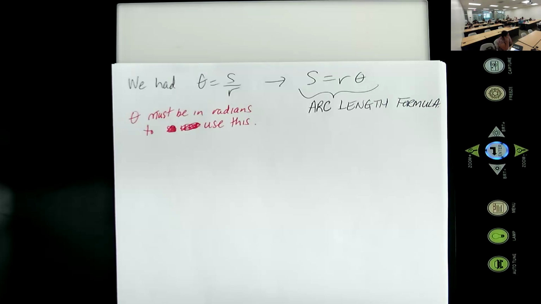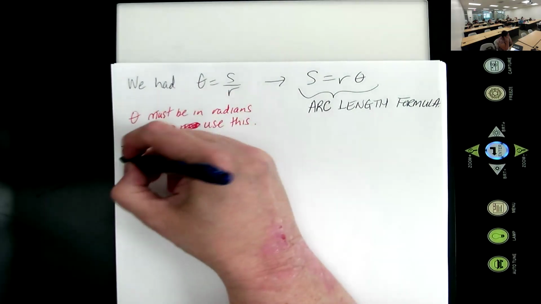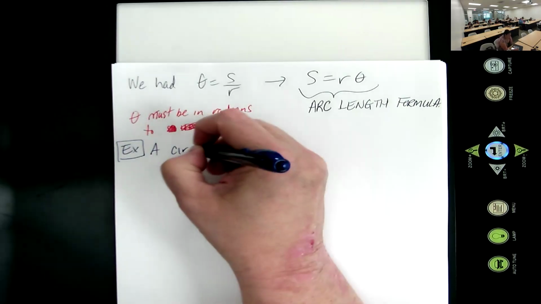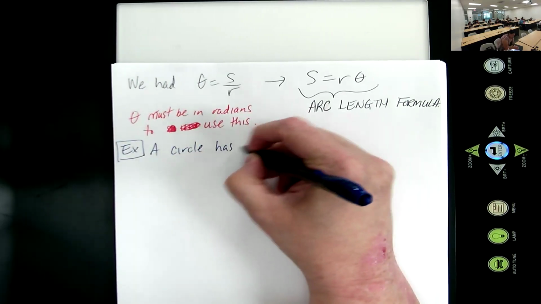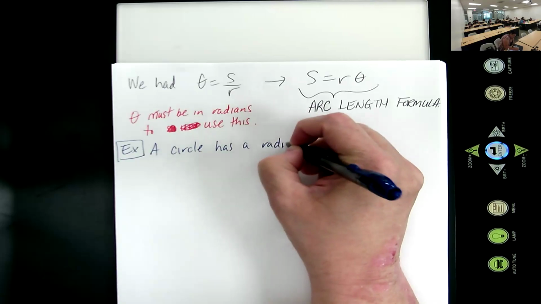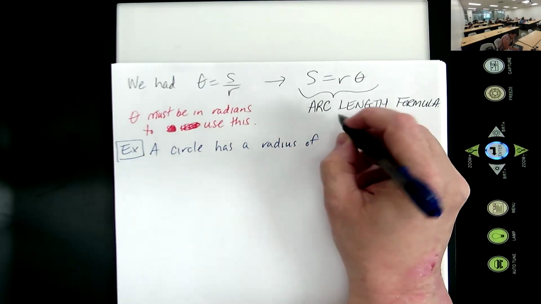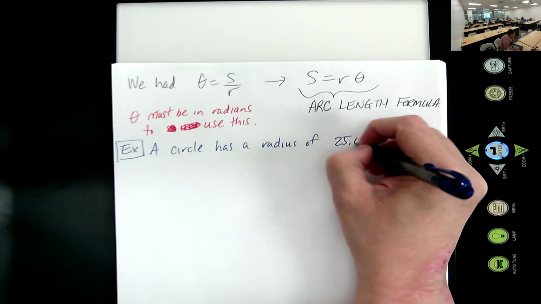So let's say a circle has a radius of 25.60 centimeters.